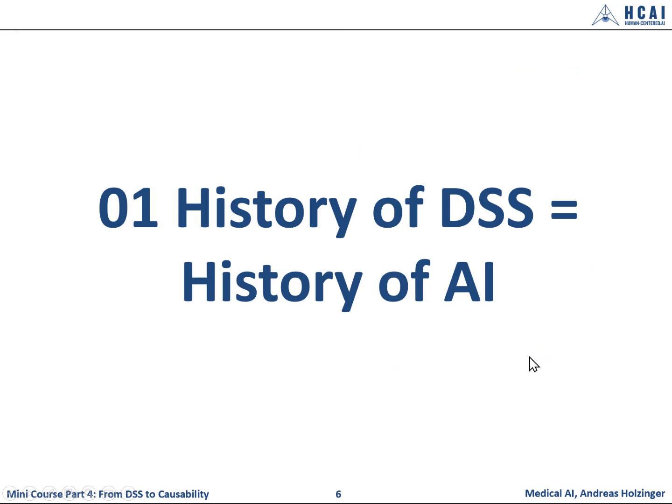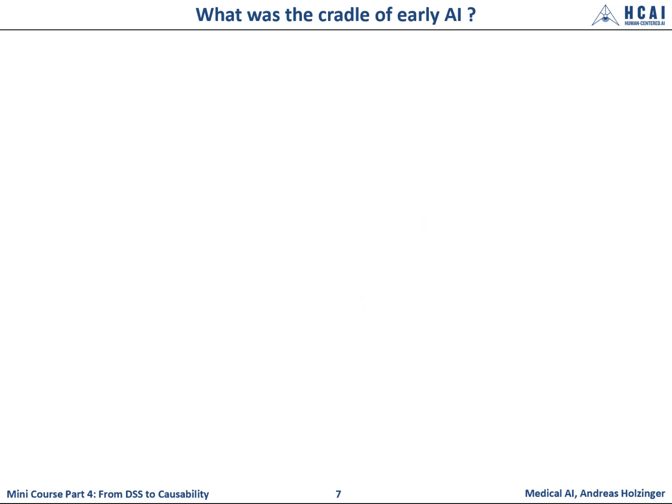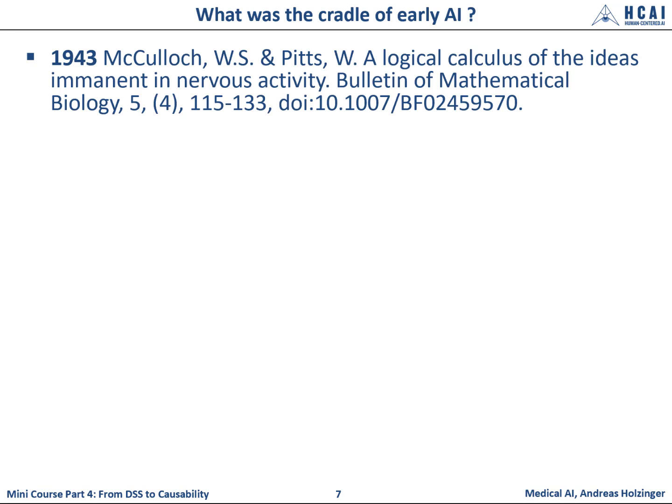Okay, then let us discuss a little bit the history of AI. What was the cradle of early AI? It really starts in 1943 with McCulloch-Pitts, who tried, from biological neural networks, to implement an electronic or mathematical model of a human nervous cell.